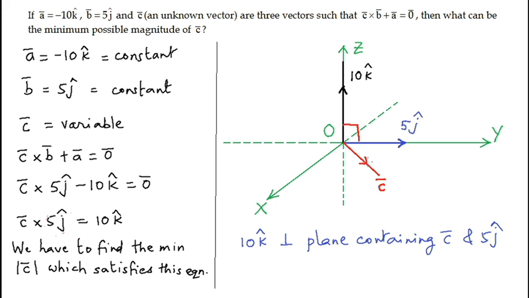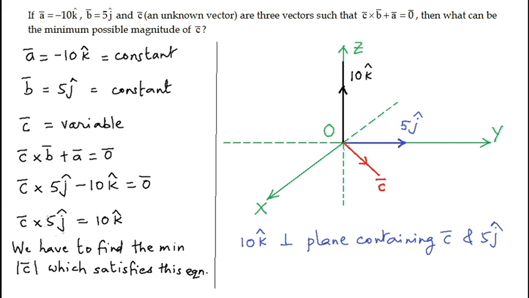But not only that, the angle which 10k cap makes with C bar is also 90 degrees. Now remember, I still don't know what is the magnitude of C bar.